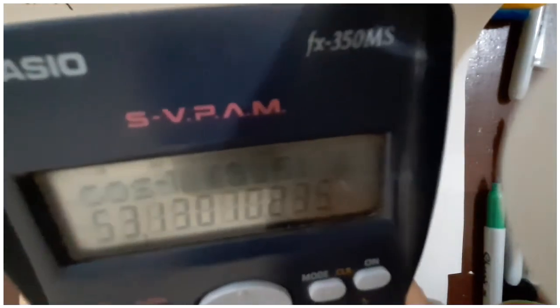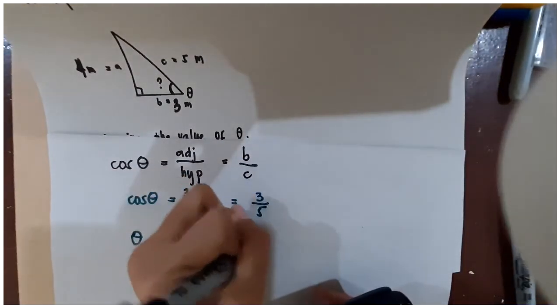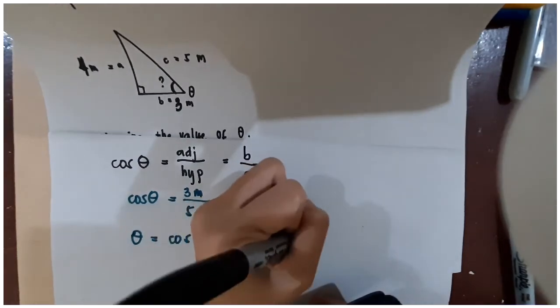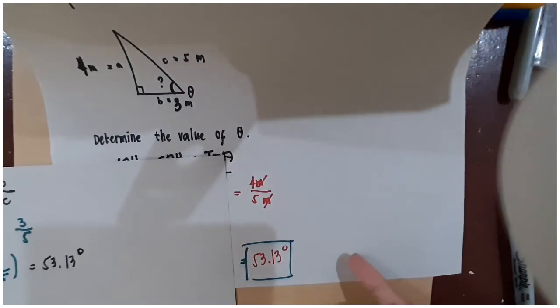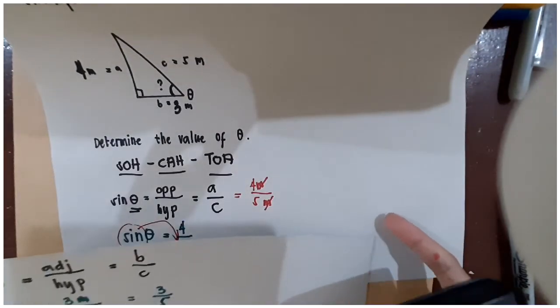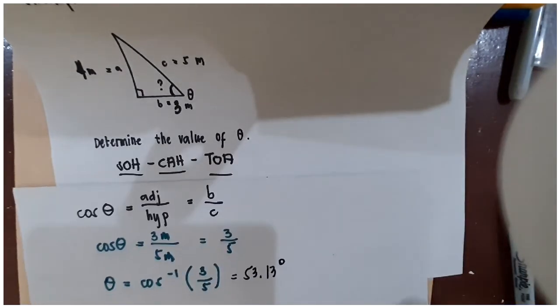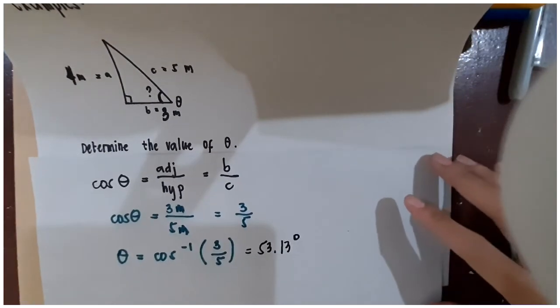Okay. So you will get 53.13 degrees. Okay. So basically, they are the same. Why? Because you can use either of the three, depending on the given sides, whichever has the values.